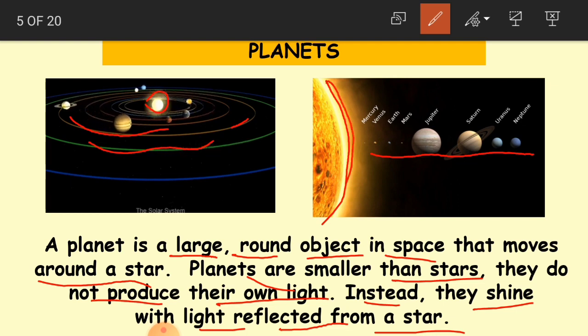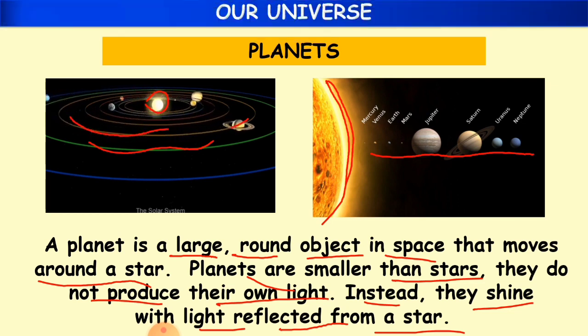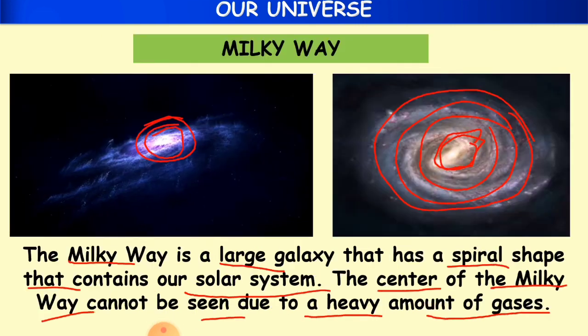Because of the Sun and some other stars in the galaxy, the star's light is reflected on the planets and because of that they shine. Clear, children? See all the planets here, from Mercury, Venus, Earth, Mars, Jupiter, Saturn, Uranus and Neptune, all the 8 planets, how they are in the line.